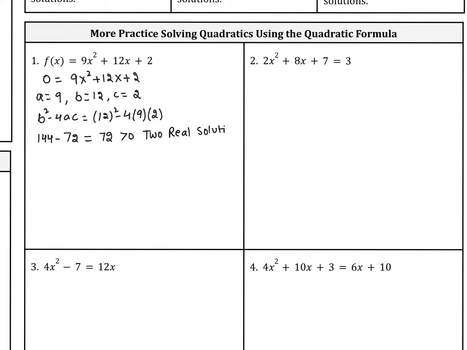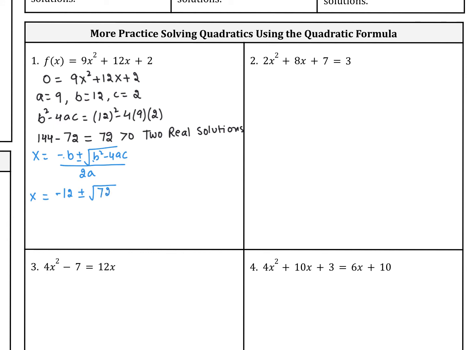Now, if you want to find the 2 real solutions, you're going to use the formula x equals negative b plus or minus the square root of b squared minus 4ac, over 2a. X equals negative 12 plus or minus, you already found the b squared minus 4ac and that came out as 72.